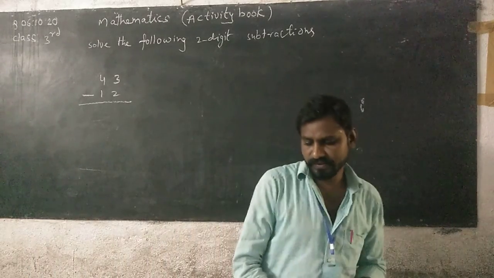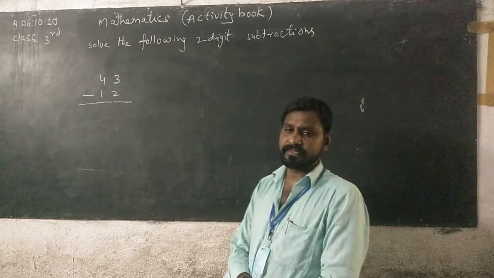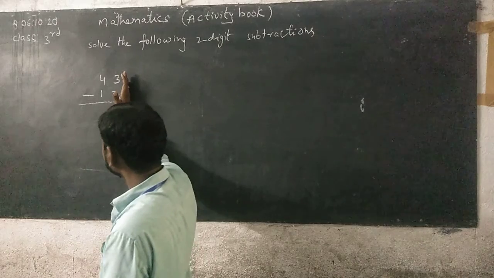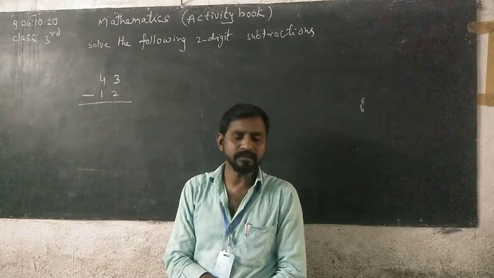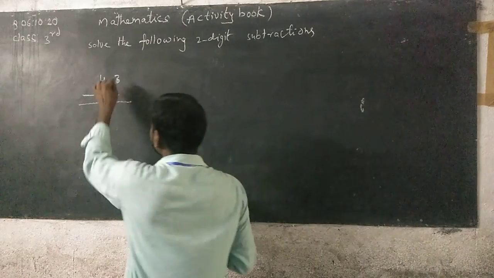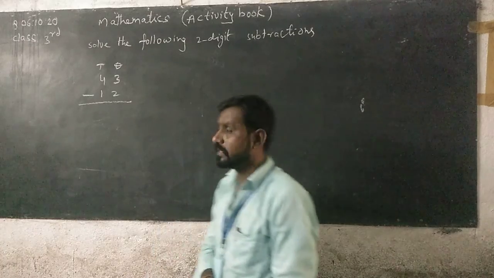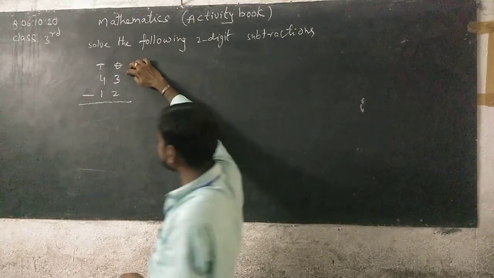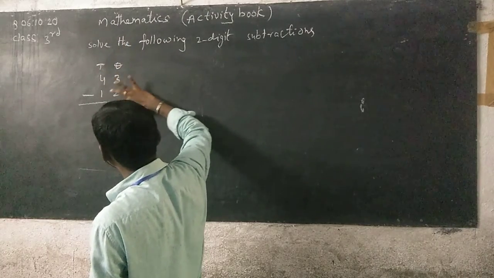While we are doing subtraction problems, first we subtract the ones place digits, right to left. First we do the digits in the ones place. See here, 3 minus 2. This is the ones place, this is the tens place. The ones place column has 2 digits.